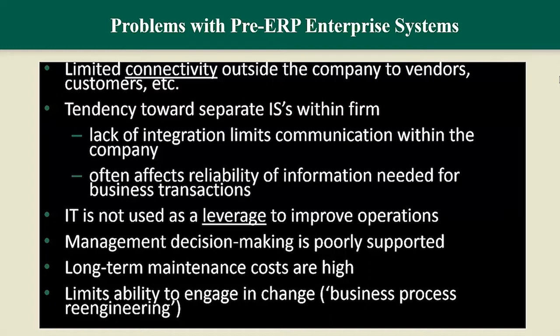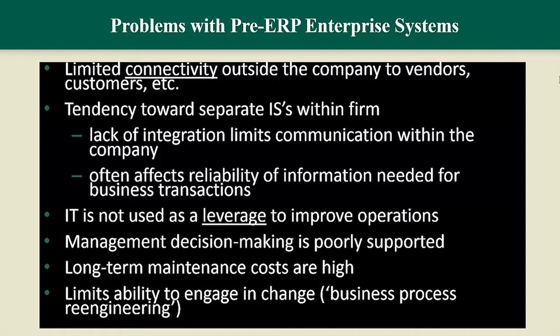IT is not being used as a leverage to improve operations. Instead, it's mainly just automating manual processes. Management decision making is poorly supported. Because these are old systems, the maintenance costs are high, and they limit the company's ability to engage in change, or what's often called business process reengineering.